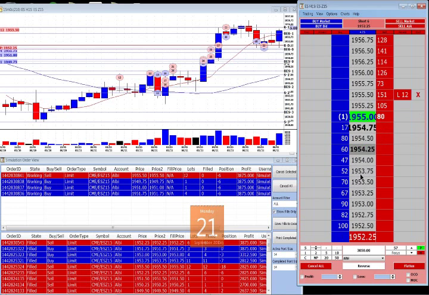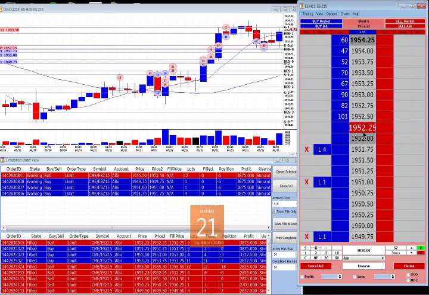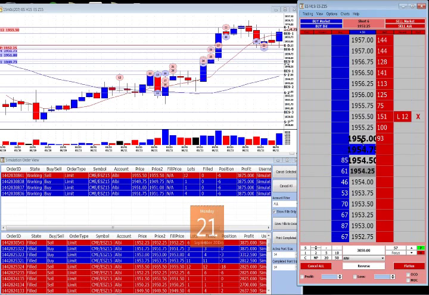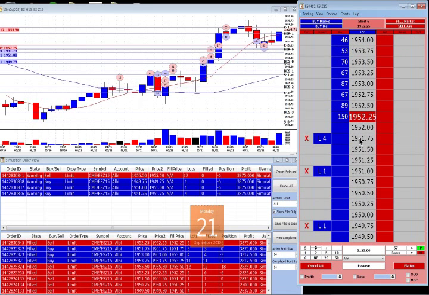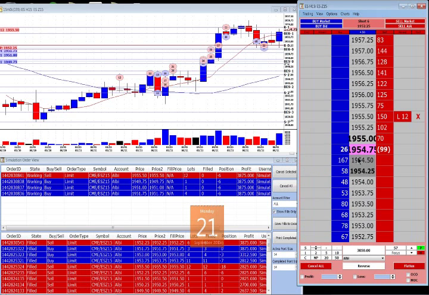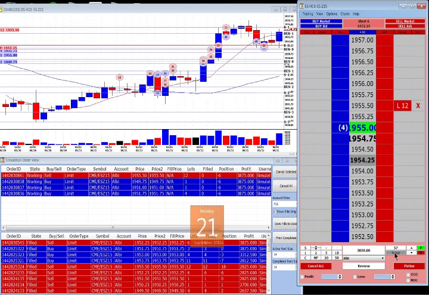The first order was placed at 1952.25 for 6 contracts, and when the order is executed, the system automatically puts out its targets. If we are selling on this side, let me set this up, a little easier to watch.